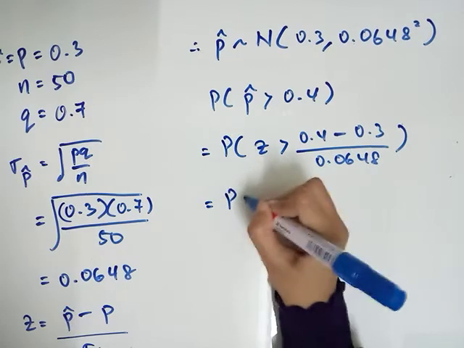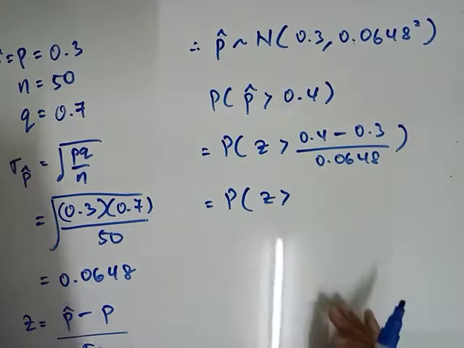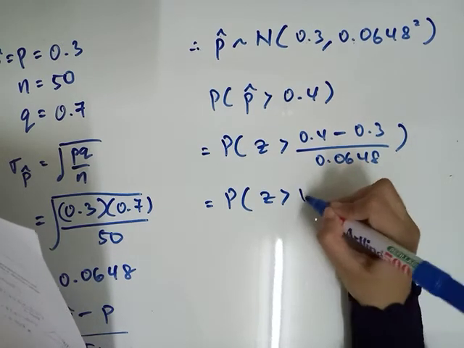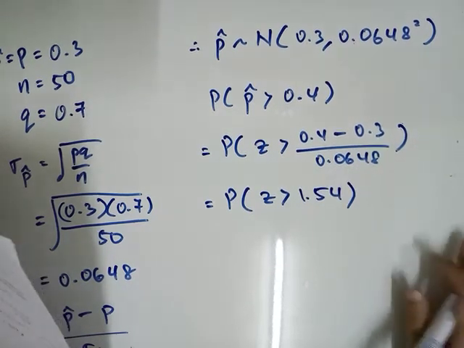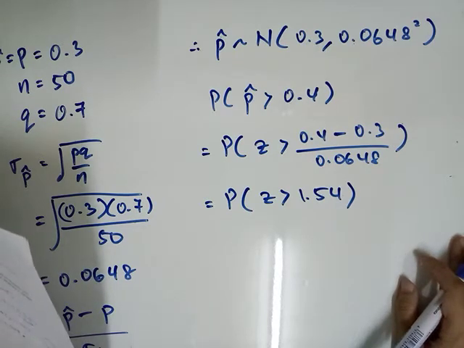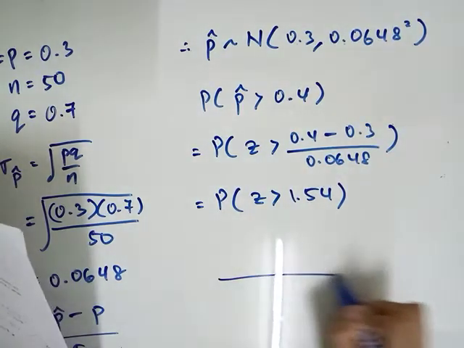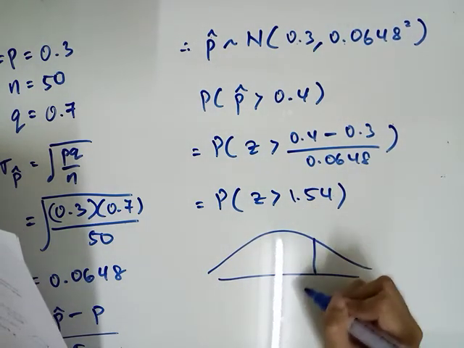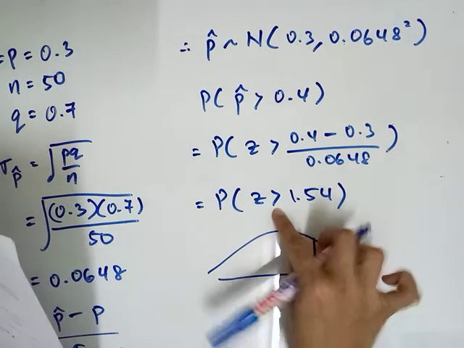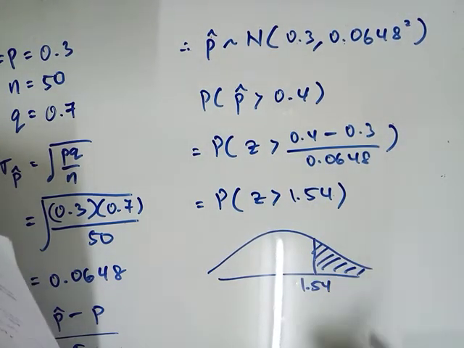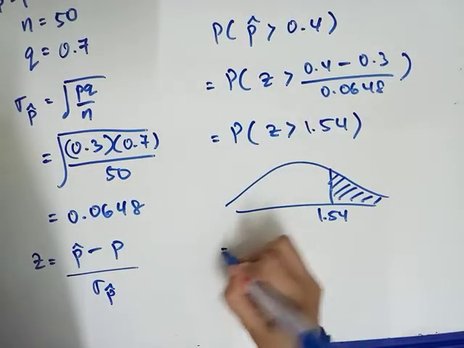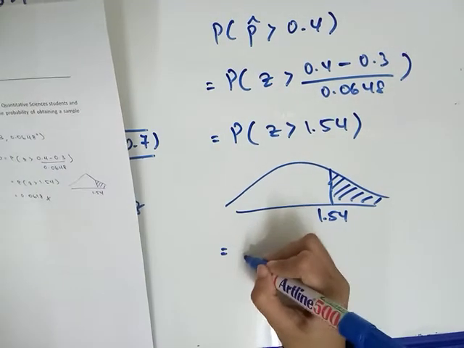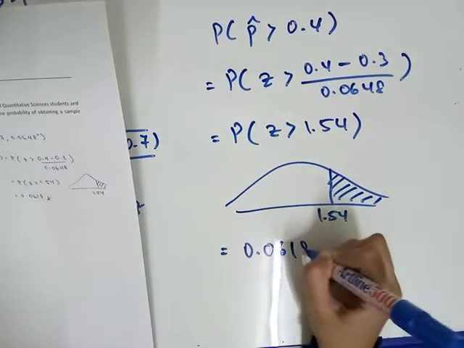And then calculate to get the Z value. The Z value is 1.54. And then draw the graph. 1.54 is on the positive side, and then the area is greater. And then you can proceed to find the probability using the table. The answer you will get is 0.0618. This is the answer.